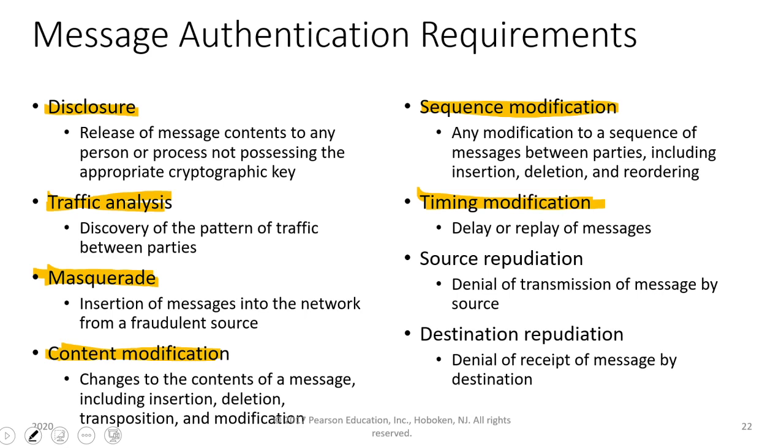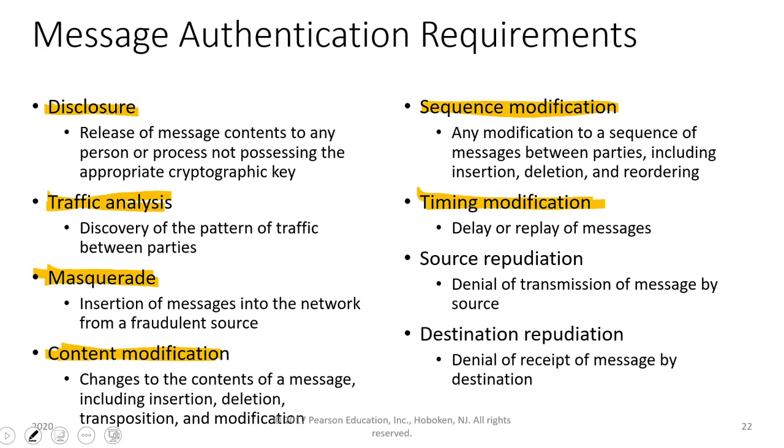The other two main things that we would want to achieve with message authentication are about repudiation. Source repudiation is, if a message is received from an entity, that original sender should not be able to say that they didn't send the message.